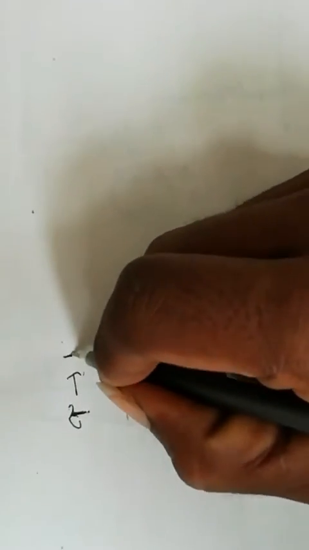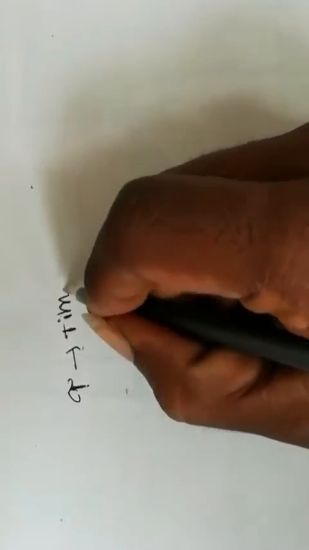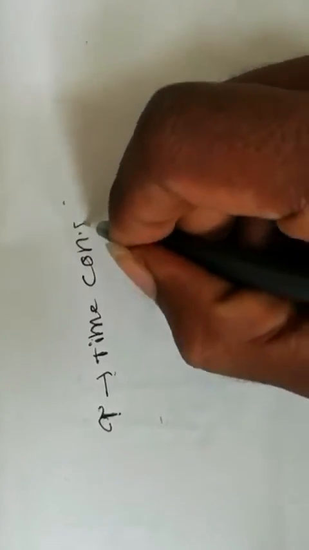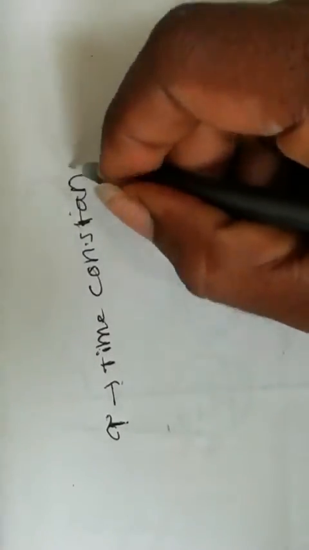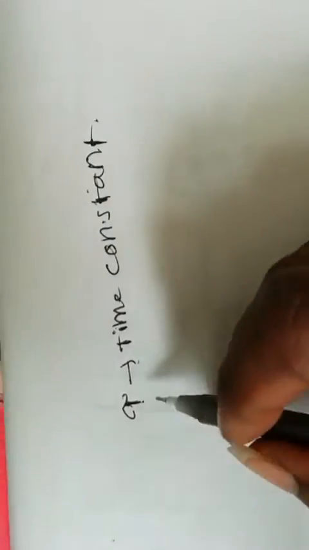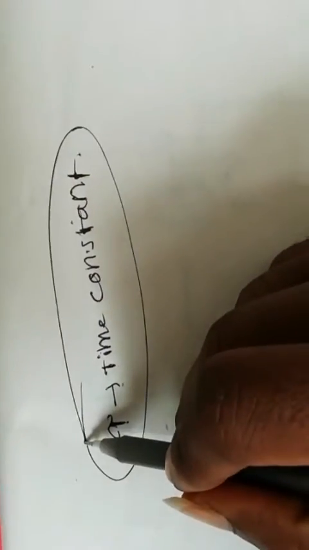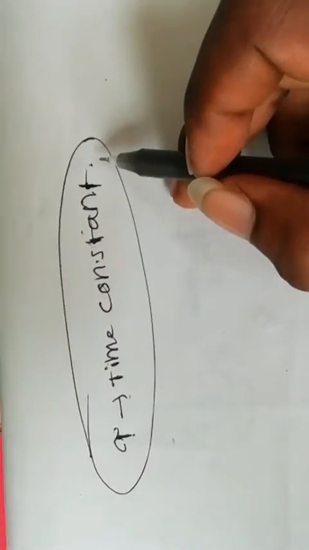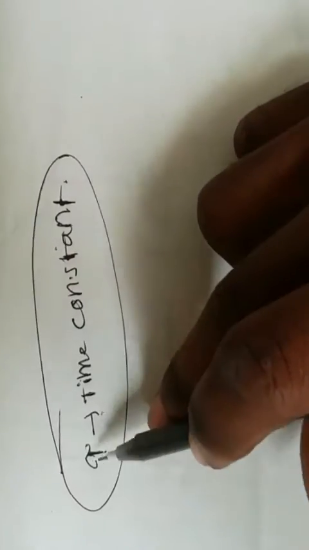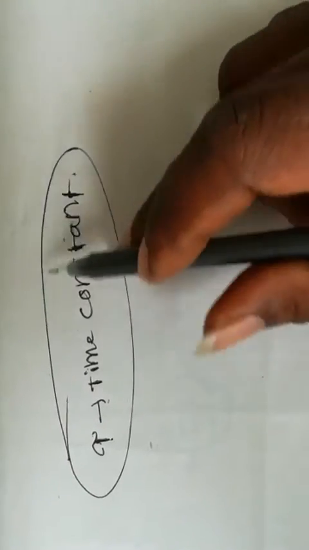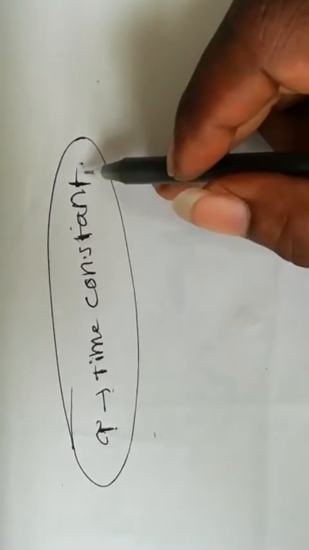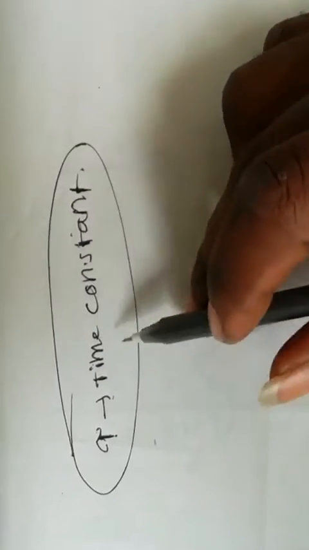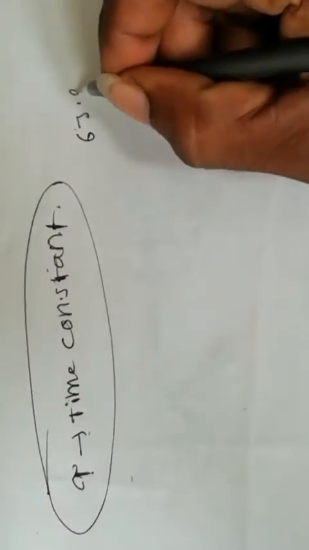So, time constant. What is the time constant of a capacitor? It is how much time is required to charge a capacitor such that it gains 63.2% of our applied voltage.